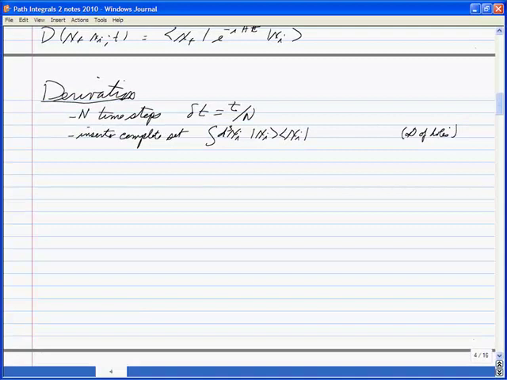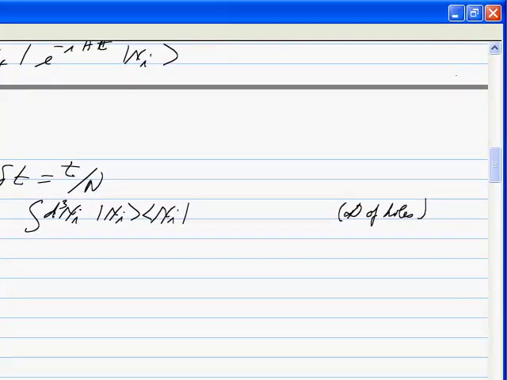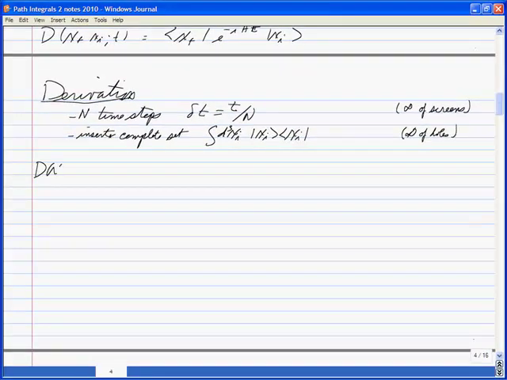You can be located at any location in position space at a given time, and the delta t's are turned into the infinite number of screens. Okay. So for any n that's big enough that I can just take first order stuff, I can write D(x_f, x_i, t) as the integral dx_1 up to dx_n, so we've got n of them.